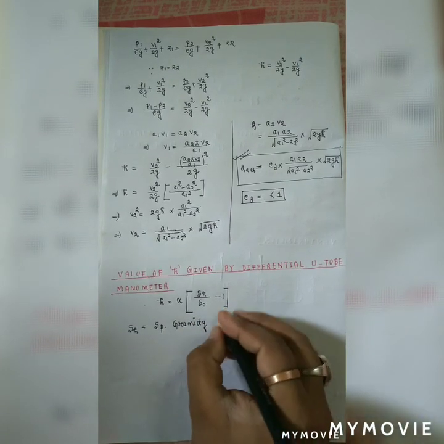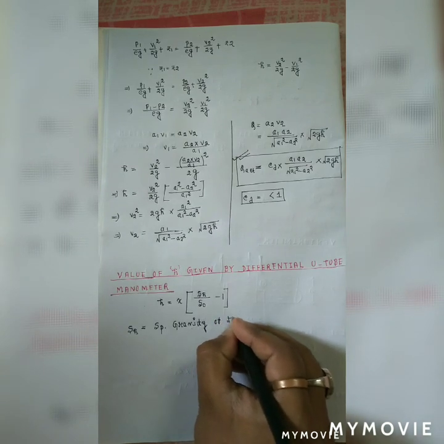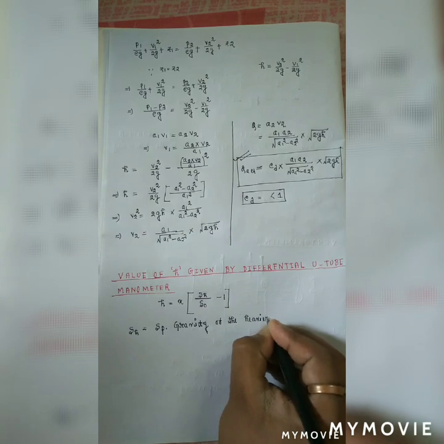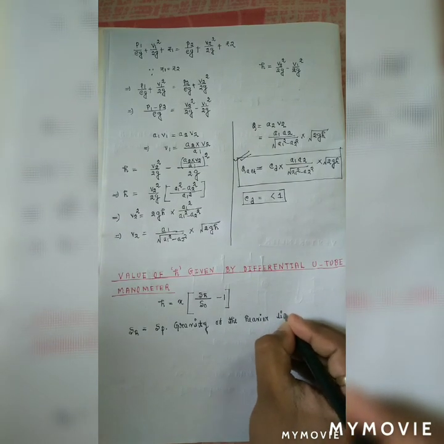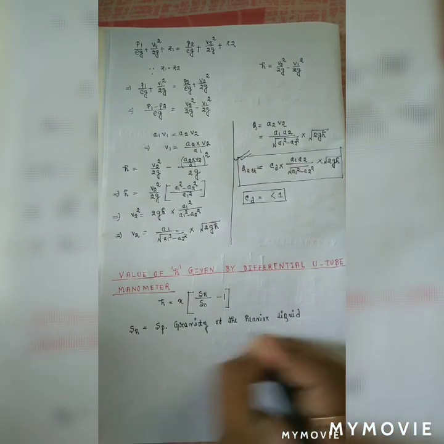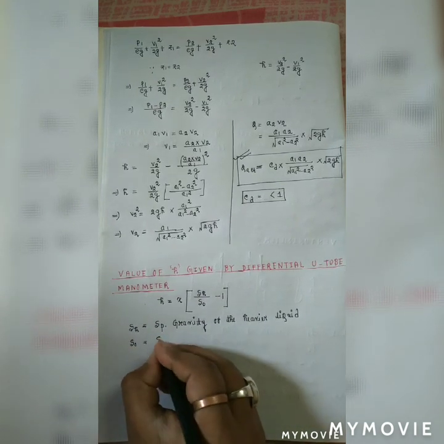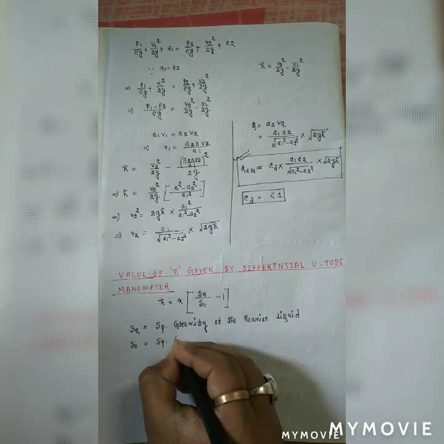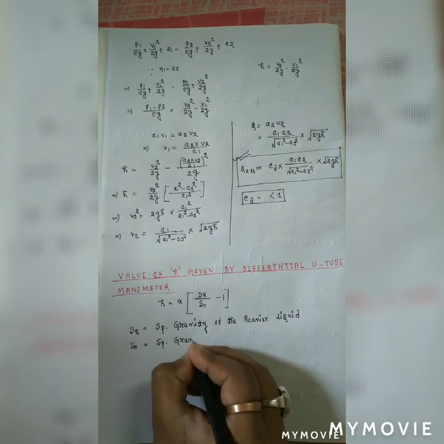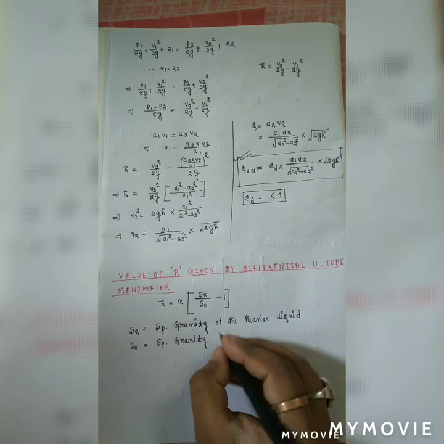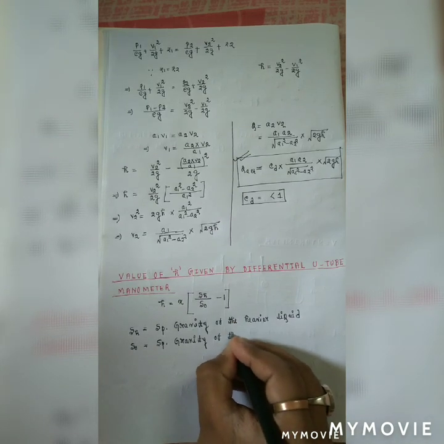So Sh equal to specific gravity of the heavier liquid, and So equal to specific gravity of the liquid flowing through the pipe.